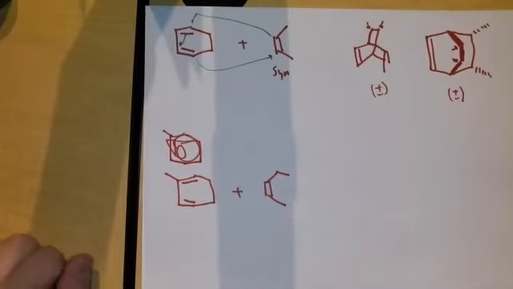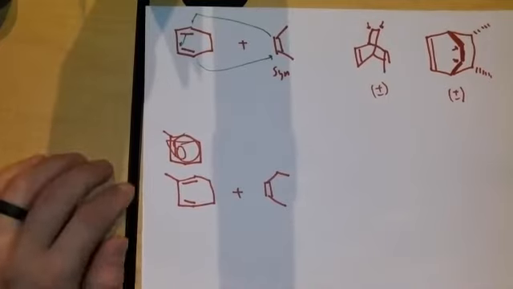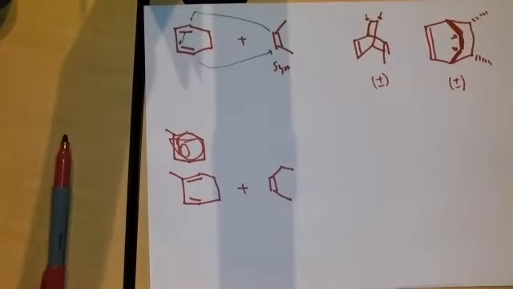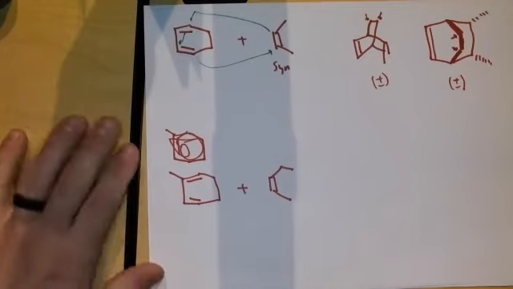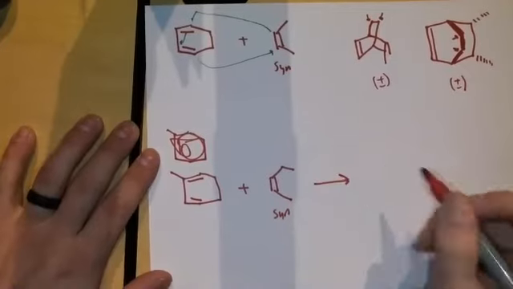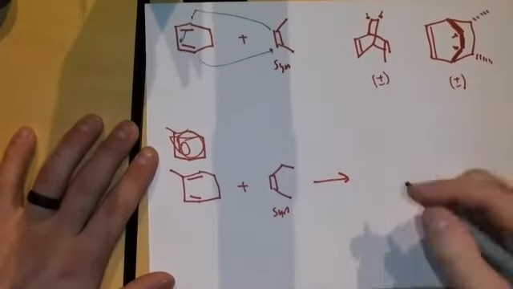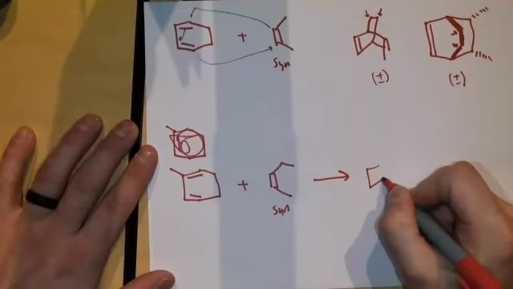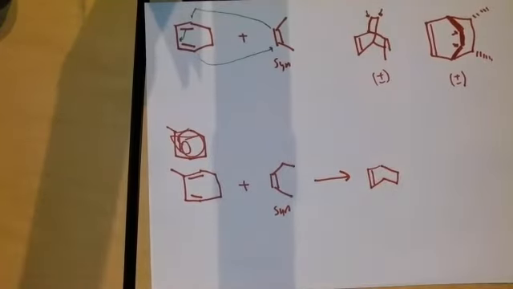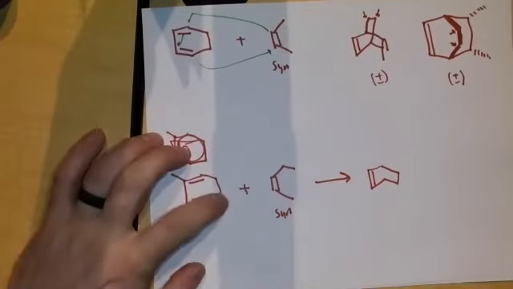We've got a 6-membered ring, and our dienophile is still syn. So we're going to make a 6-membered ring that's a boat with a double bond. We're going to have a 2-carbon bridgehead here.